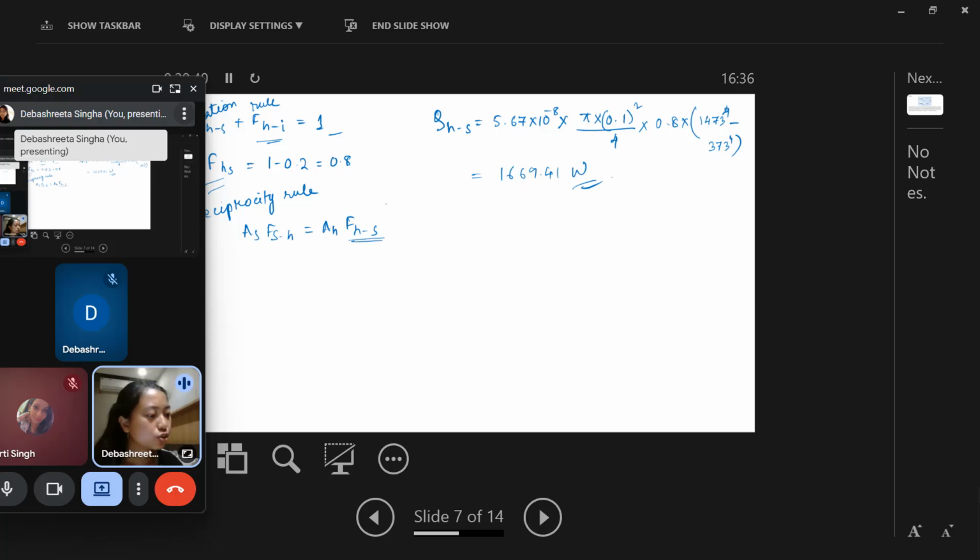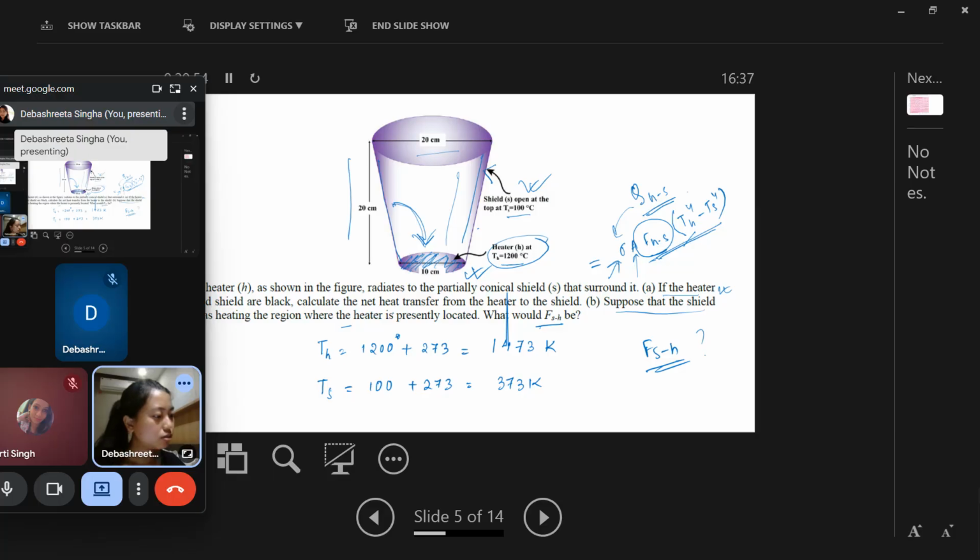We already know what FHS is, we already found it out. We know AH, that is pi d square by 4. Now, if we know what AS is, then we can easily find out this FSH. AS is nothing but the curved surface of this.